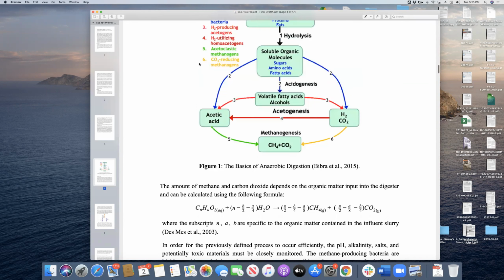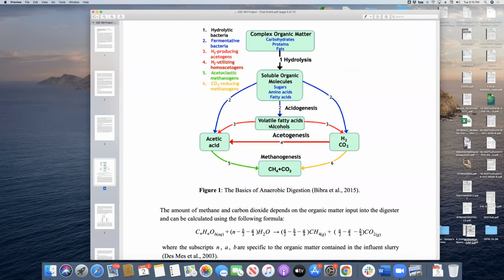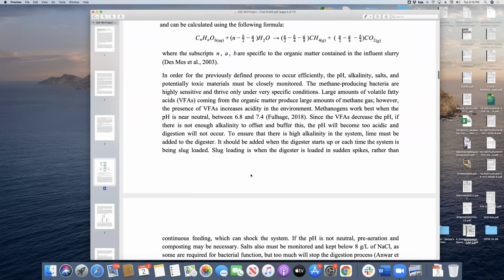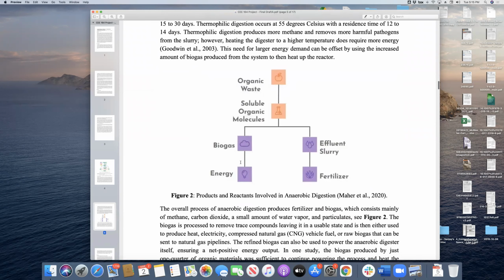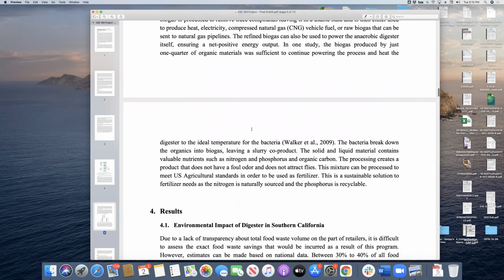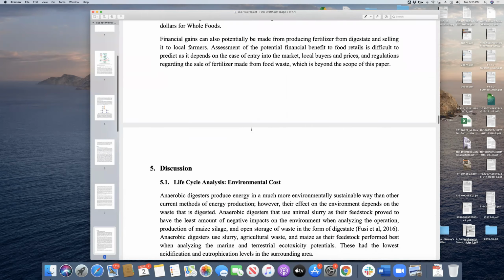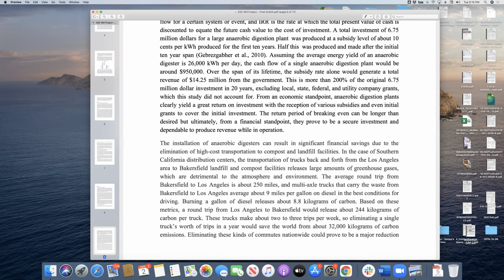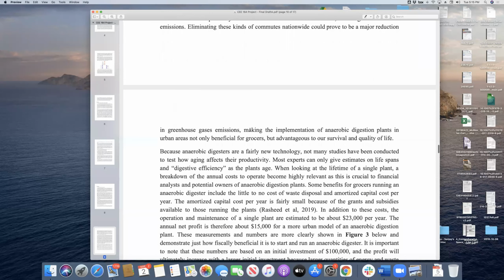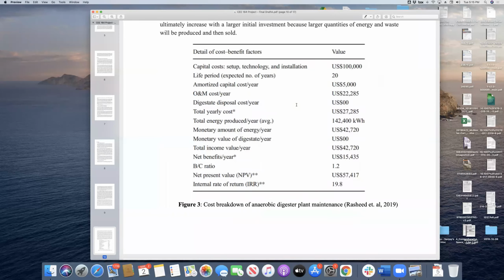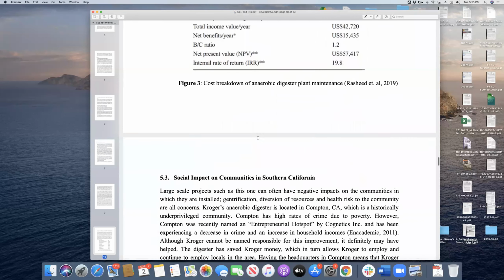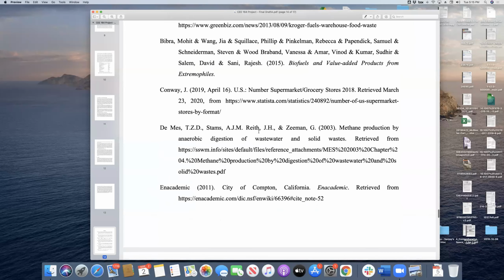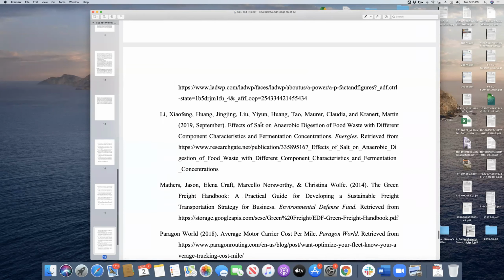They write about the process in an anaerobic digester, how things break down, they write the equations, they explain how it works and what the output is. They talk about results and discussion, but as you see, this was one of those drafts which didn't have many figures, so it was really not easy to read. You have to have tables and figures to make it easy. And then ultimately in the draft you also have to share all the references.